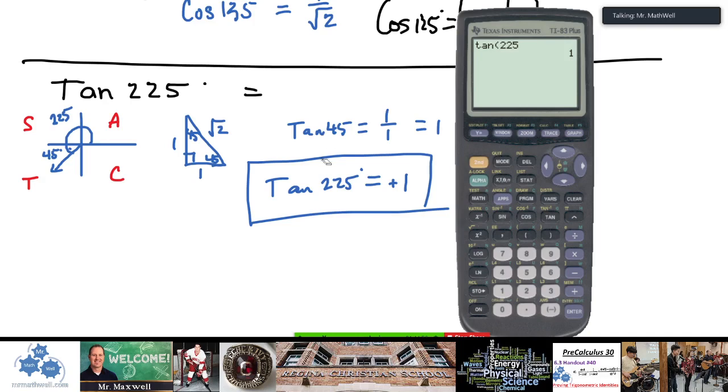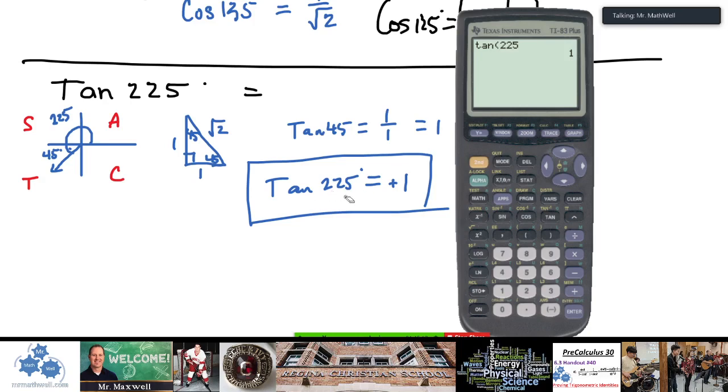So I'm going to focus on the tan of 45, my reference angle. In the special angle triangle, for an angle of 45, tangent is opposite over adjacent, that's 1 over 1. So the tan of 45 is 1.